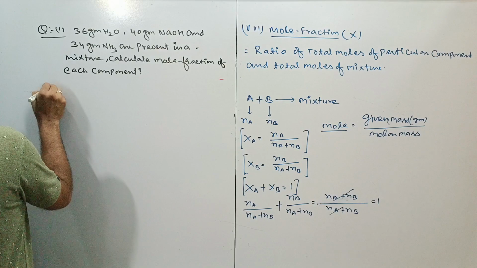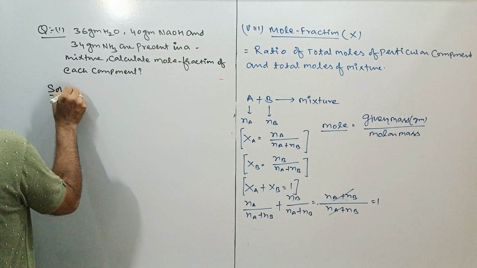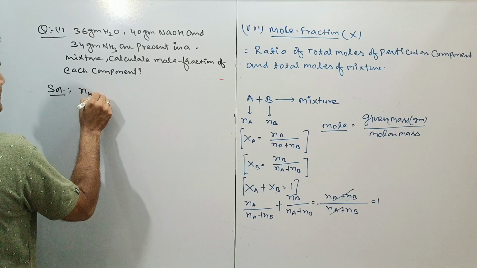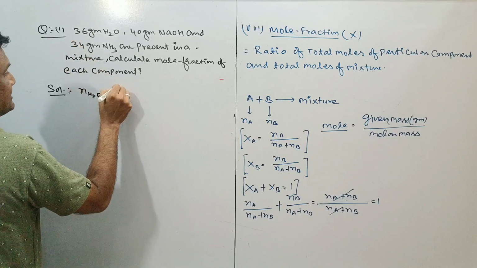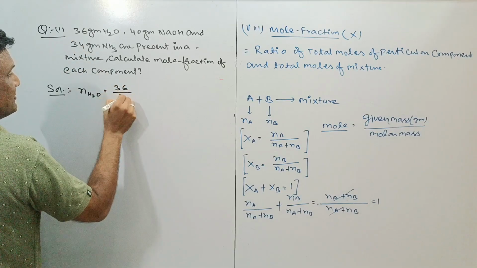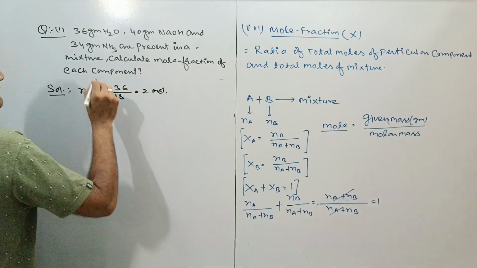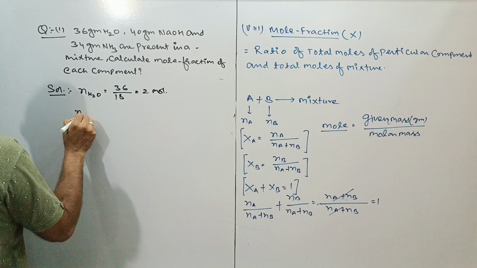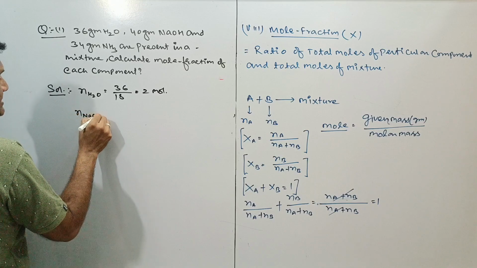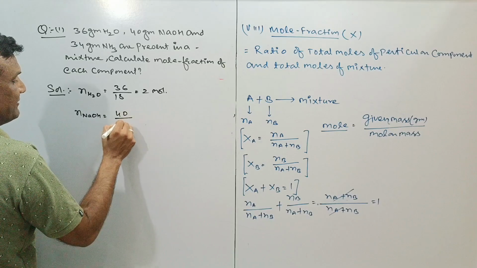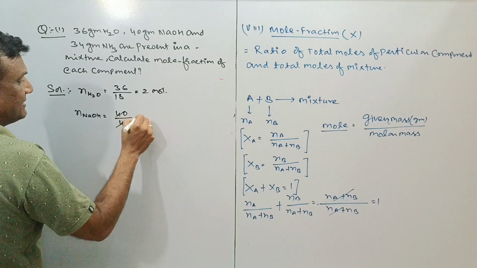First of all, regarding the question, we have to calculate the moles. So moles of H2O will be given mass 36, molar mass is 18, so here will be 2 moles. If we go with NaOH, n of NaOH is 40, molar mass of NaOH is also 40, that is 1.